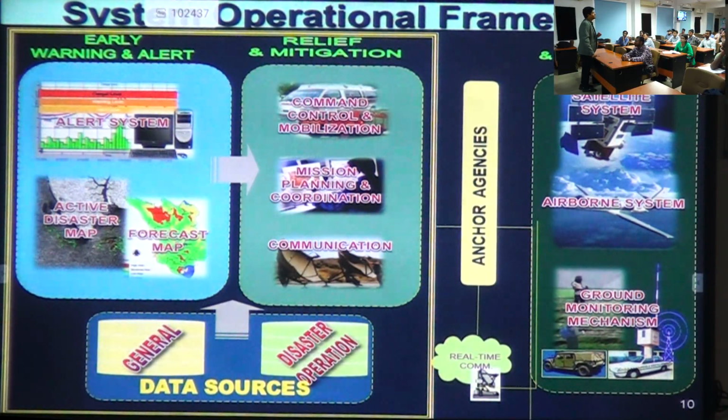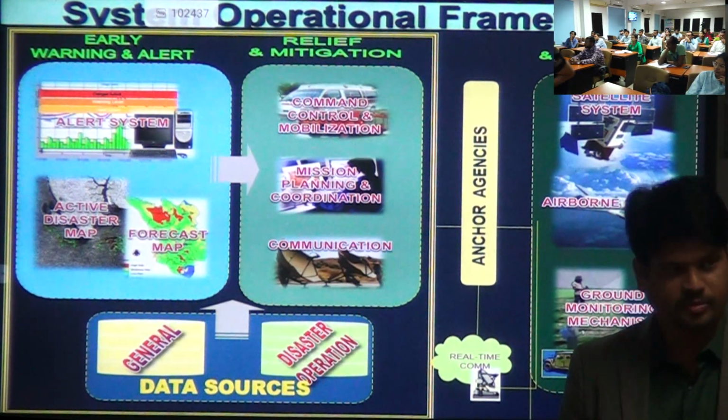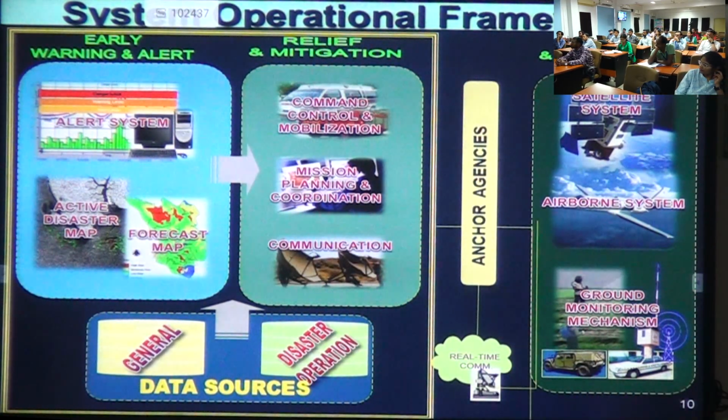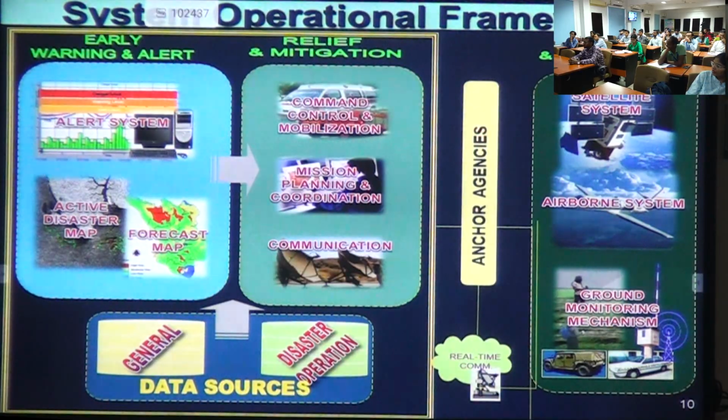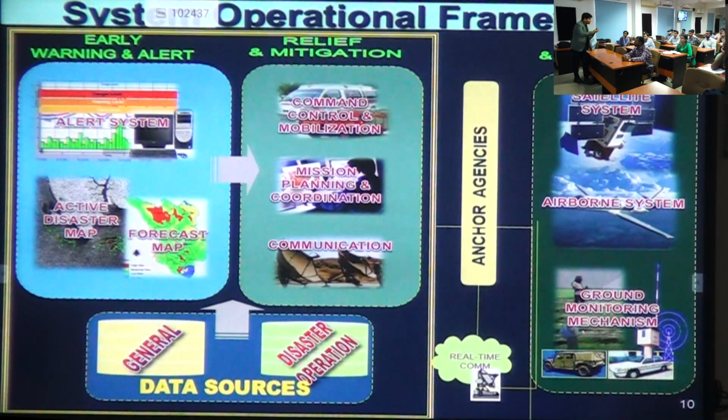Finally, your job as a GIS person is also to collect the data. Who is going to collect the data? The spatial database, which you guys do, as a spatial analyst, geoscientist, civil engineer, whatever, because you understand the data and the need for the data. So this is what also needs to be created so that these people can use this data for command and control, mobilization, mission planning, coordination, etc. That means the distribution and location of the relief centers, and in the flood scenario, what is the shortest route, which route is the safest route.